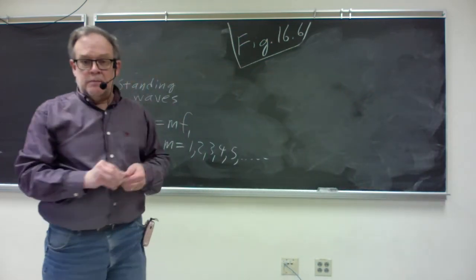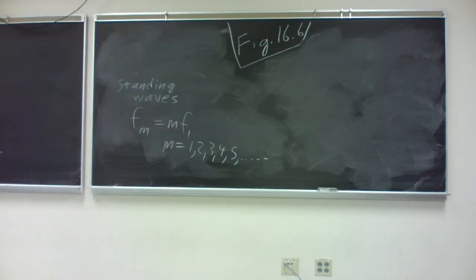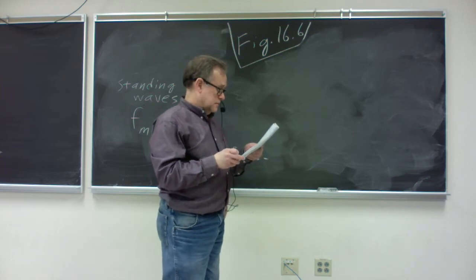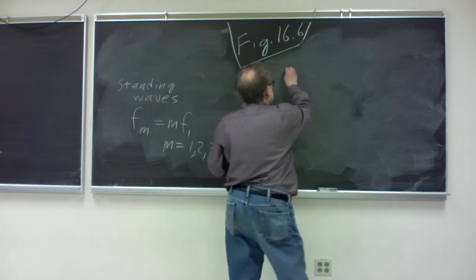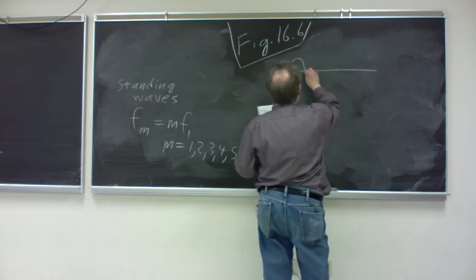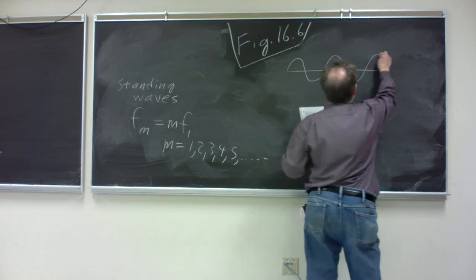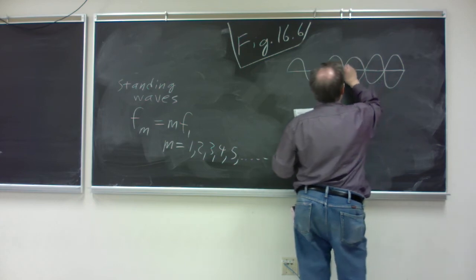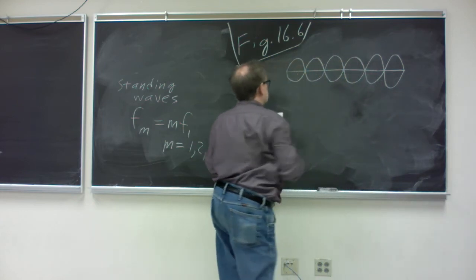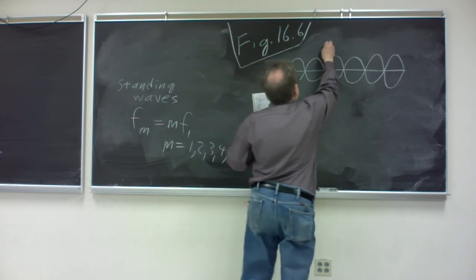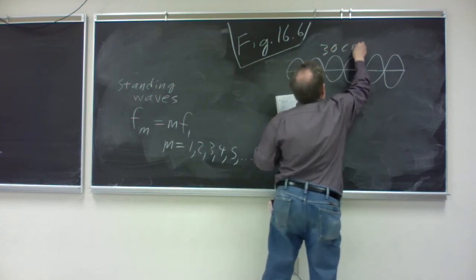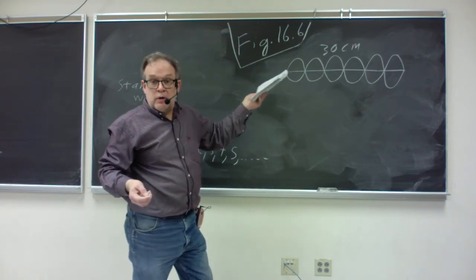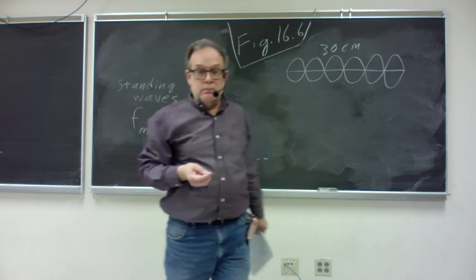So one example of thinking about standing waves is to take a look at these three standing waves. Let's say this is just the usual double snapshot for a standing wave on a string, and this particular string is 30 centimeters long.